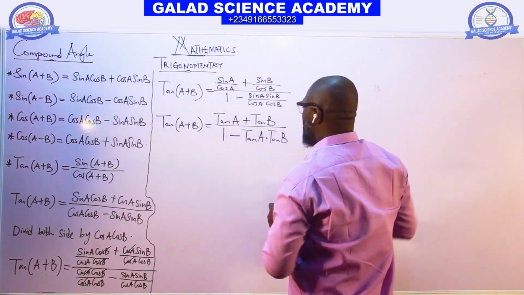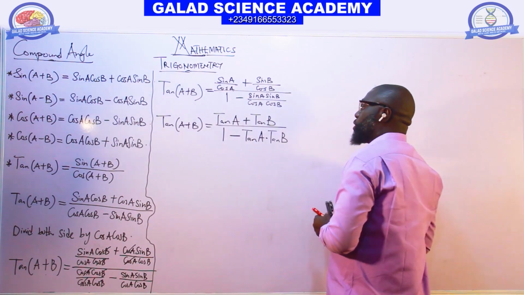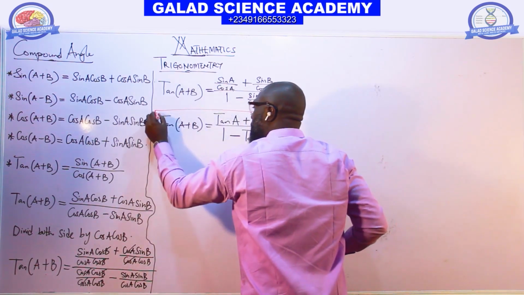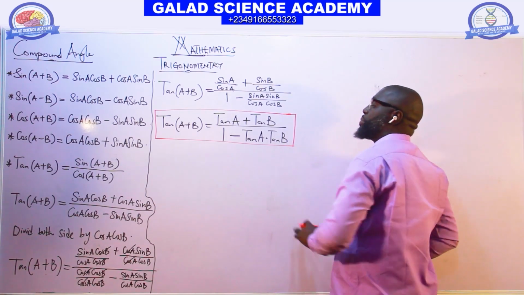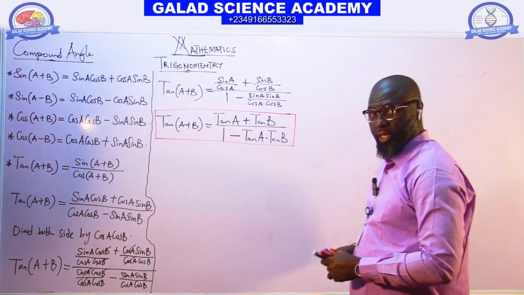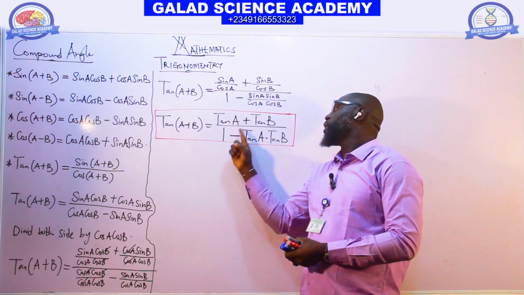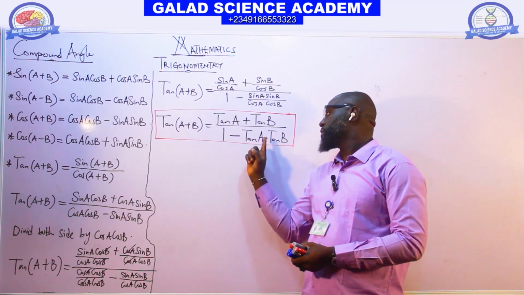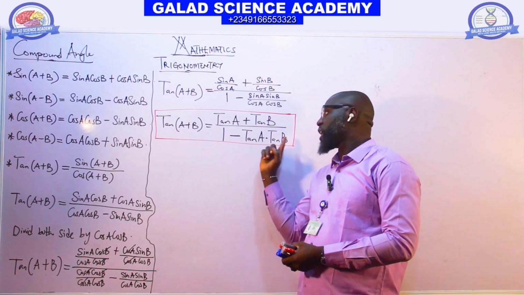So this is the trig identity for tan A plus B: tan A plus tan B over 1 minus tan A dot tan B.